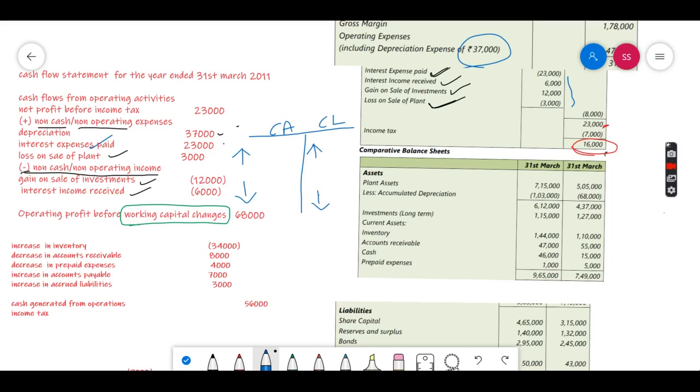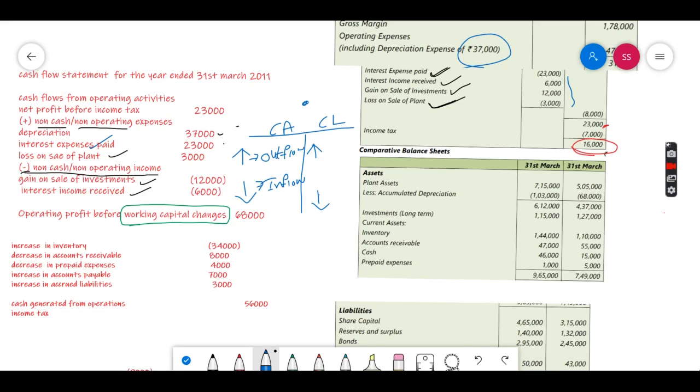Current assets may increase, current assets may decrease, and the same for current liabilities. If the current assets decrease, let's say debtors are decreasing, debtors being a current asset, that means we are getting more and more cash. We sold goods on credit, now they are paying back. This was clearly discussed in the second part. If it is an increase, it is just the opposite.